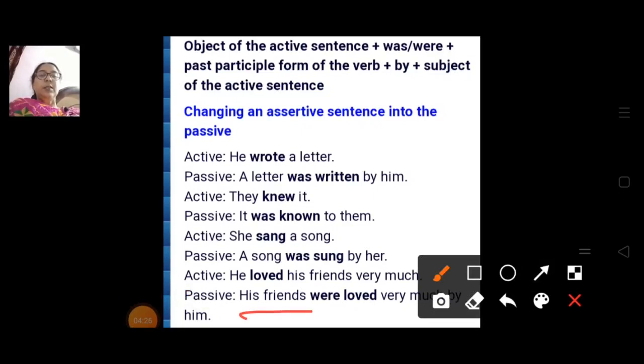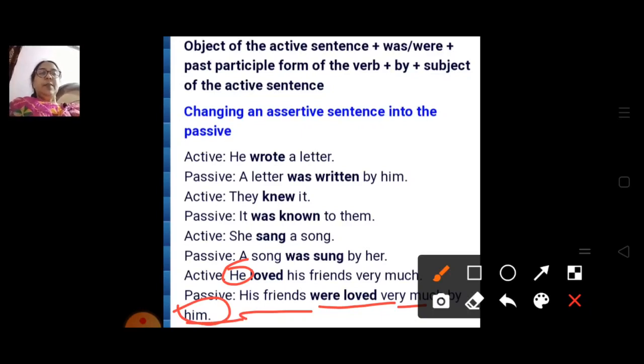Now here you can see, were loved very much by him. Here he became him. So always keep in your mind that whenever we are writing simple past tense, in active to passive voice, was, were will be used, and the third form of the verb.